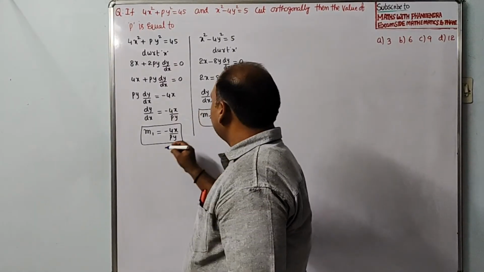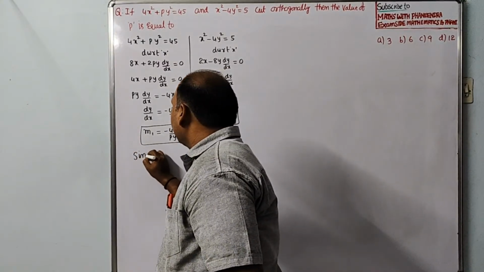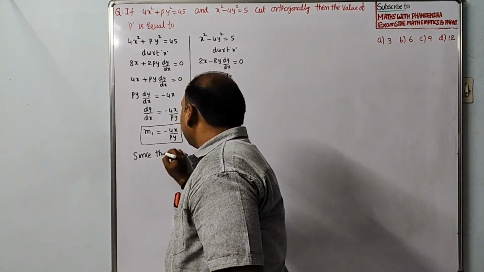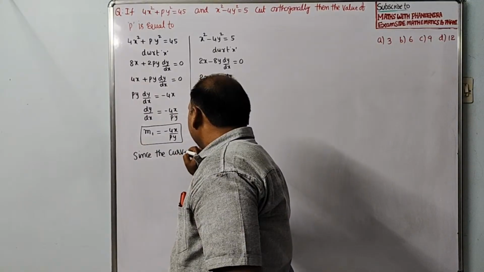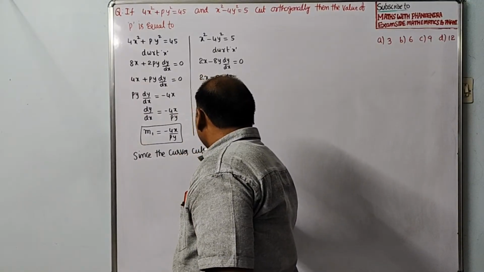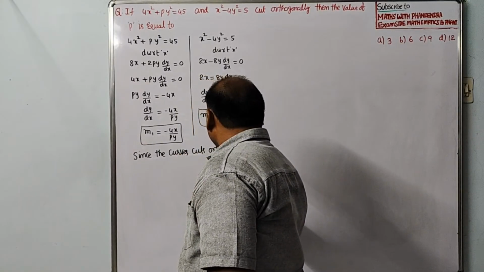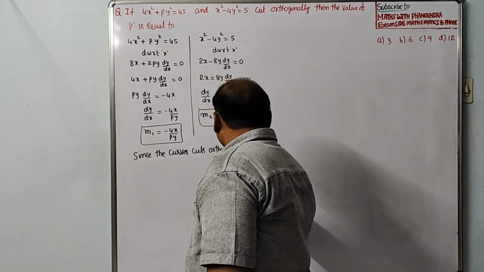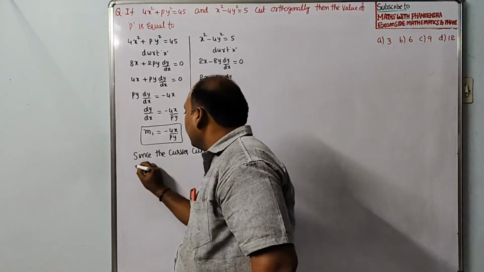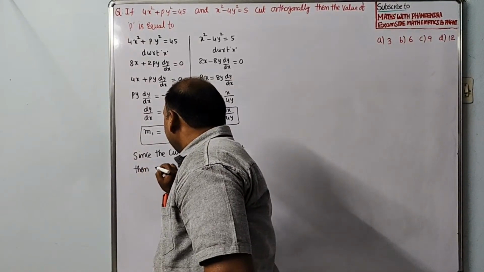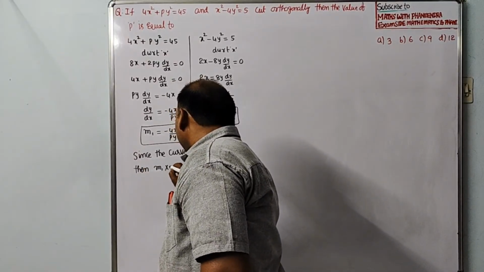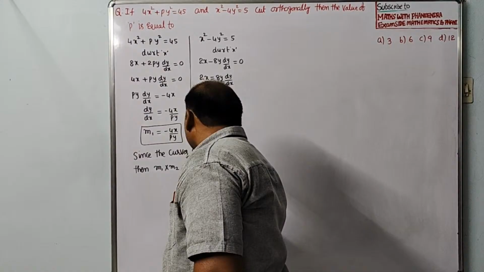Since the curves cut orthogonally, m1 m2 equal to minus 1.